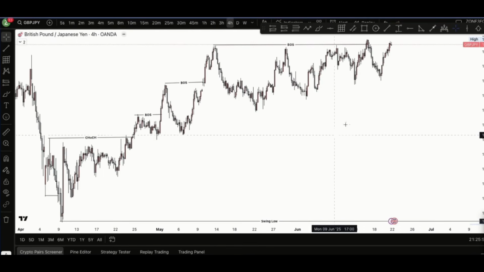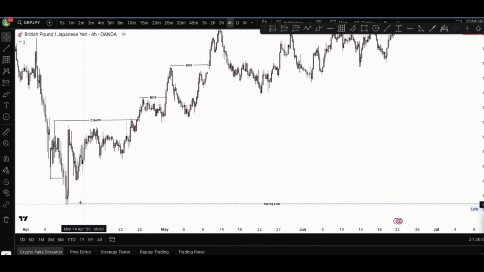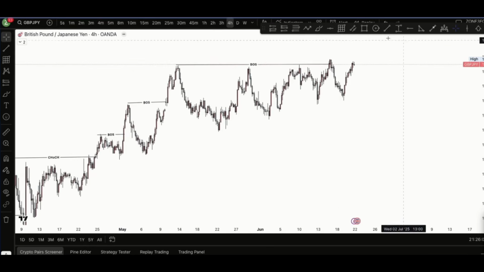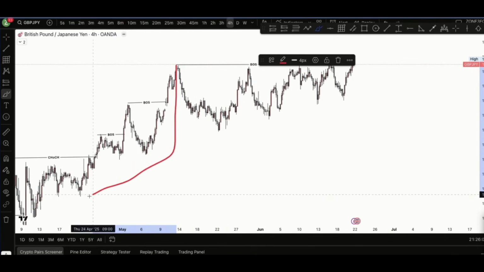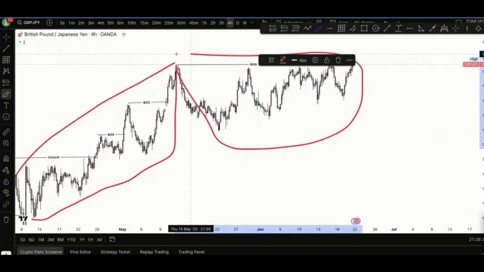We are currently here. We don't have to look at what is happening from this place to this place. We look at where price has broken the last break of structure on the 4-hour time frame.